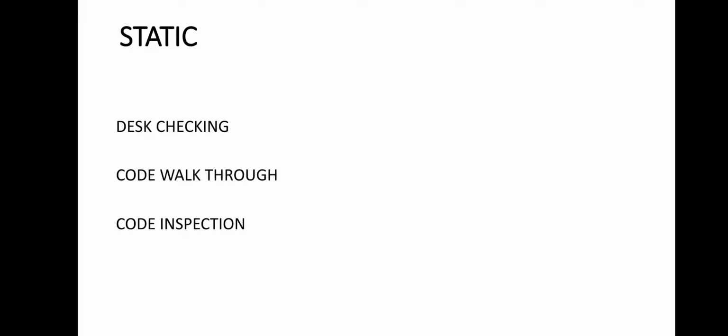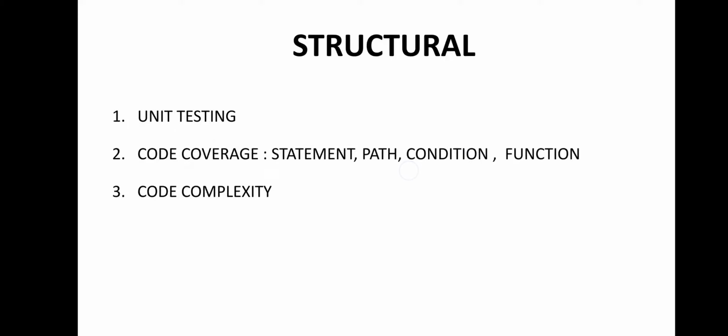When we talk about white box testing, it is further classified into static testing and structural testing. Static is again classified as desk checking, code walkthrough, and code inspection. Next is structural, which is again classified as unit testing, code coverage, and code complexity.